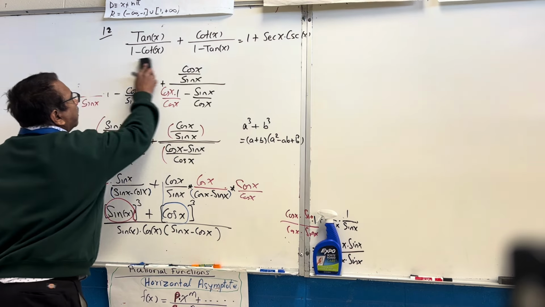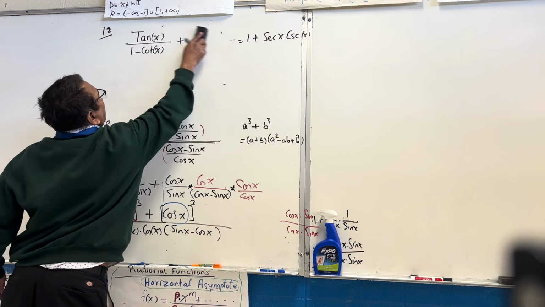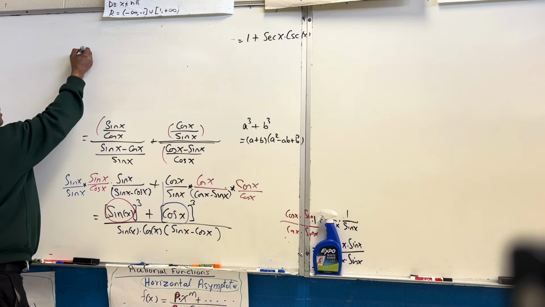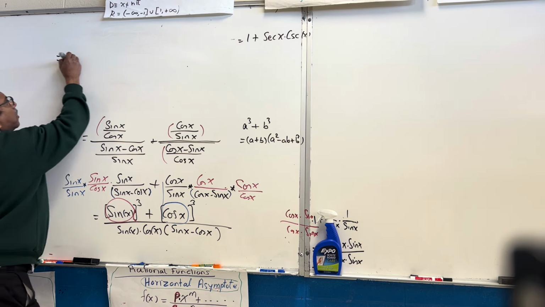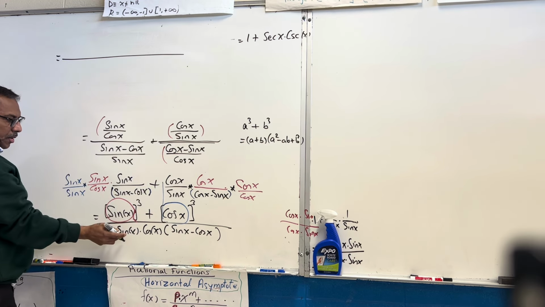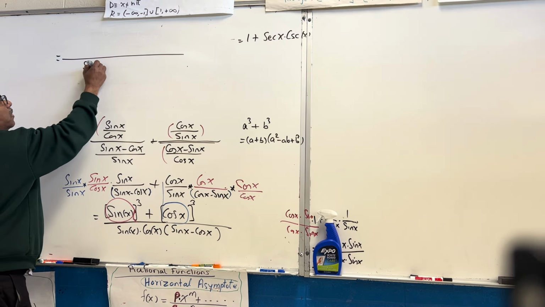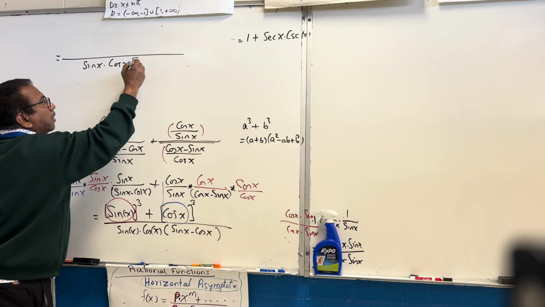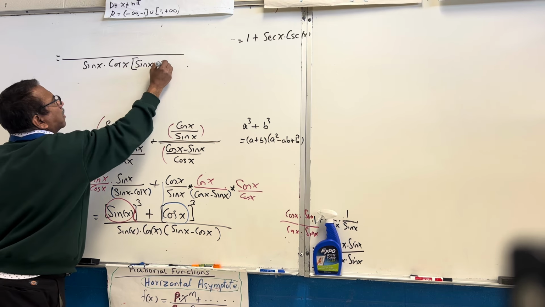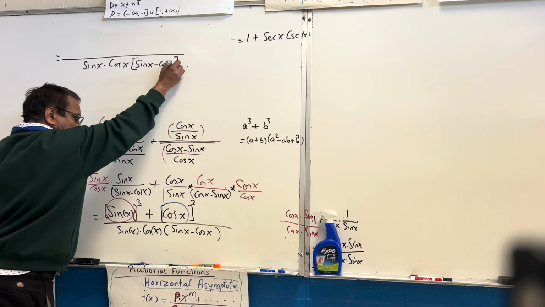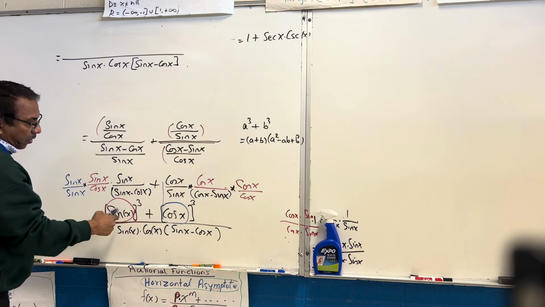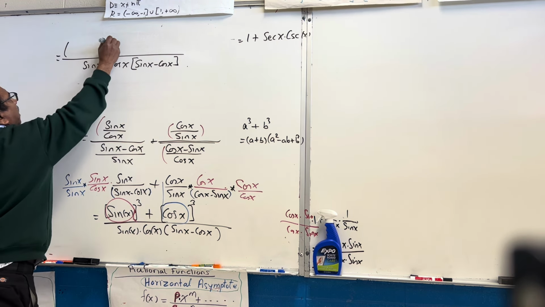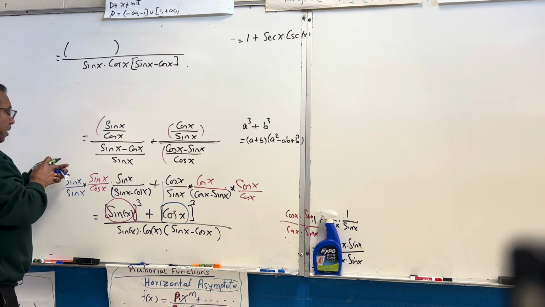So I'm going to wipe this off right on top. So this will equal, main division line. This stays the same, sine x, cosine of x, and then a cube plus b cube is a plus b. So the first part is a plus b. That is the red color.